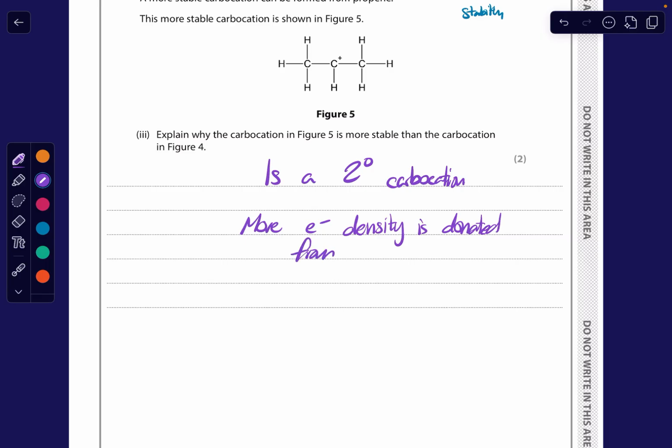I think you would just get the mark from: more electrons are donated to the positive charge. More electron density is donated from adjacent carbons to the carbocation. There we go.